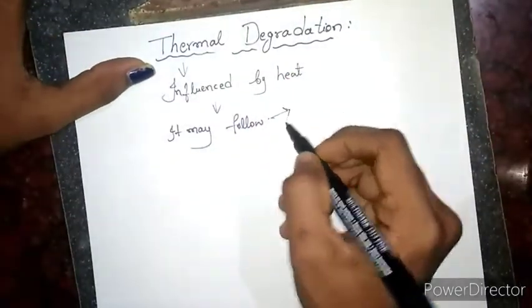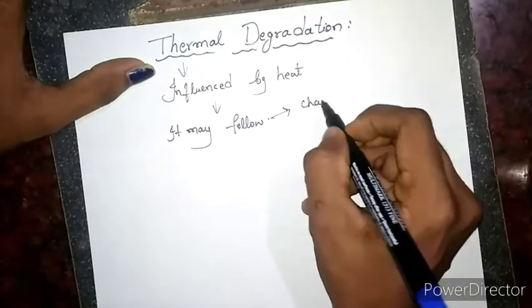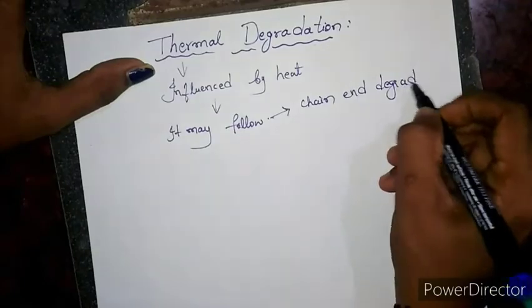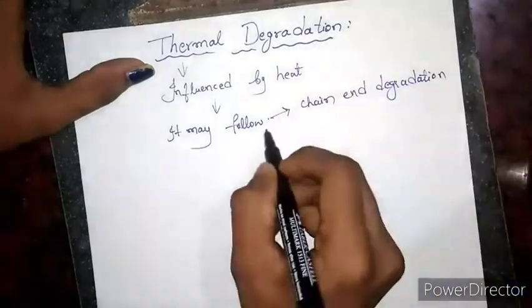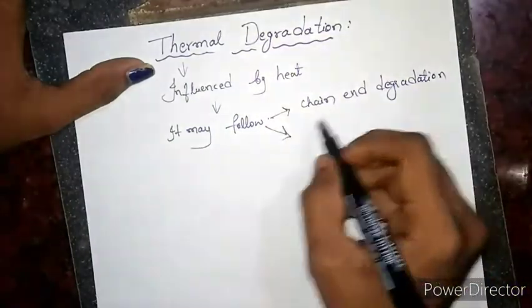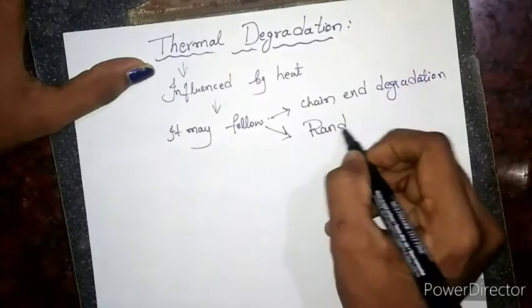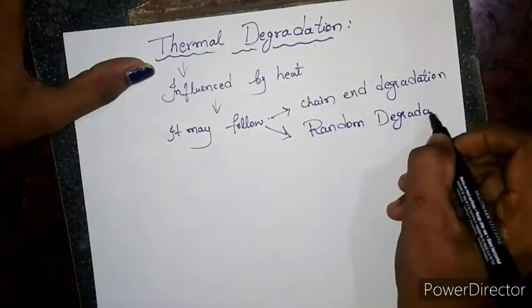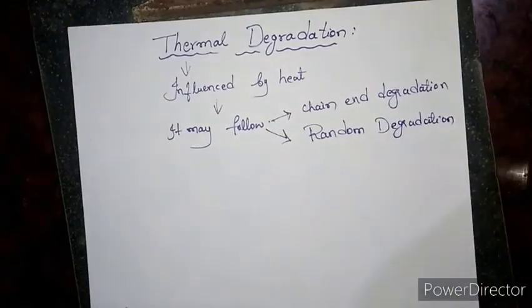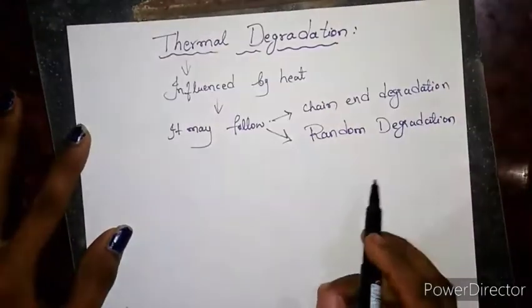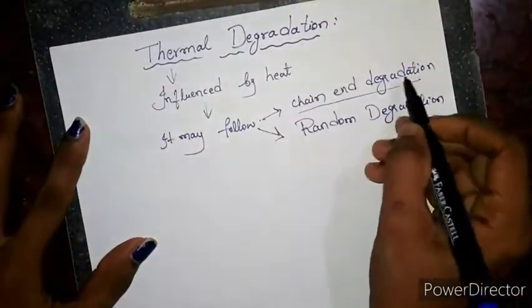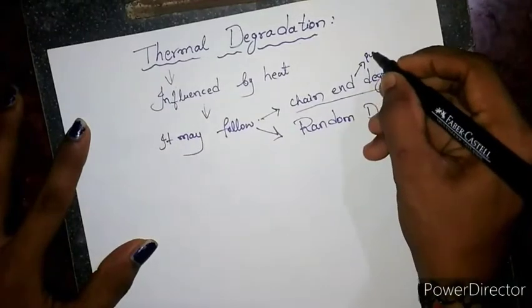It may follow either chain end degradation, or it may undergo random degradation. These are the two types of mechanism by which the polymer undergoes degradation. In case of chain end degradation, what do we get? We will get the pure monomer.